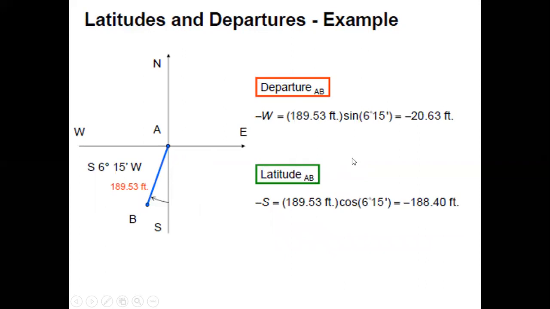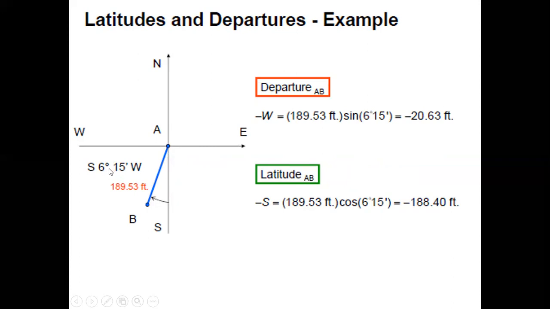Now, if we consider the first line segment AB, to compute the departure value, this is along the east-west direction. This is going to the left, or to the west, so by sign convention, the sign should be negative.